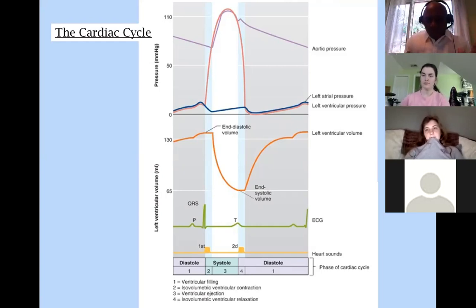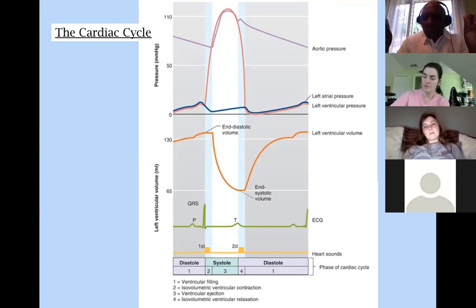Stroke volume is the amount that the heart will eject corresponding with the metabolic demand of the tissues. In other words, if you go to the gym, the metabolic demand for oxygen goes up and stroke volume will go up, will not be 70 anymore. 70 mils is the stroke volume at rest.